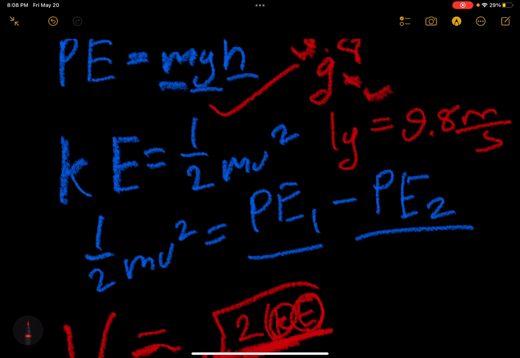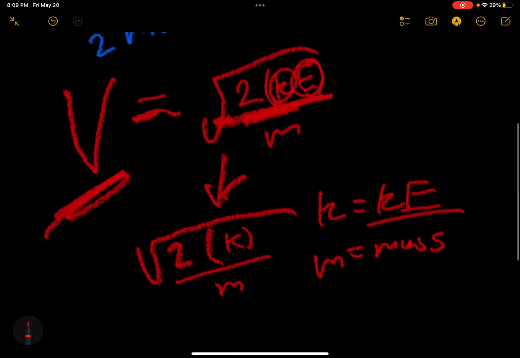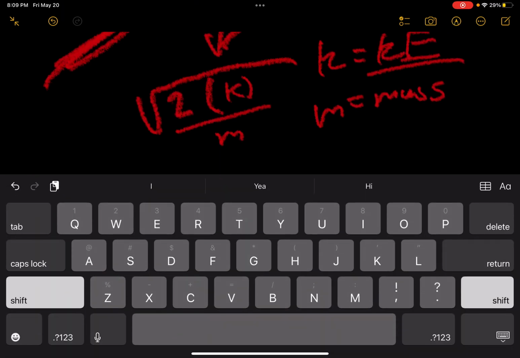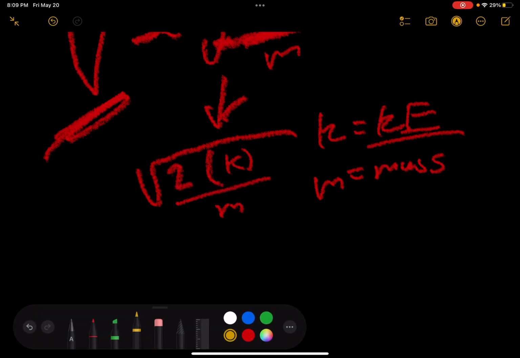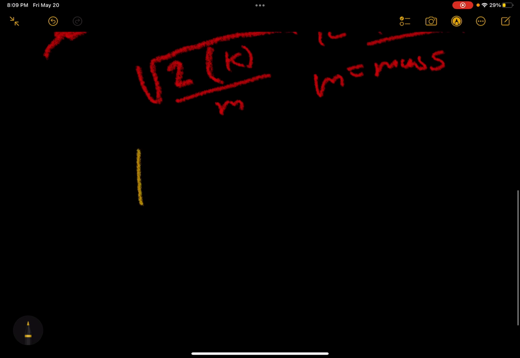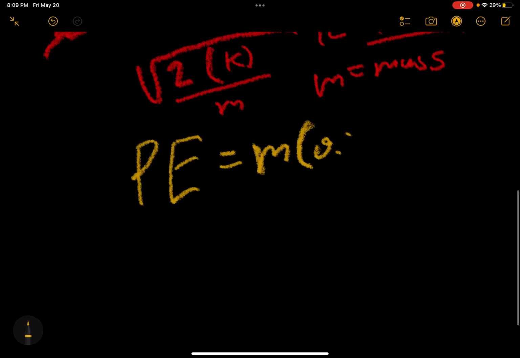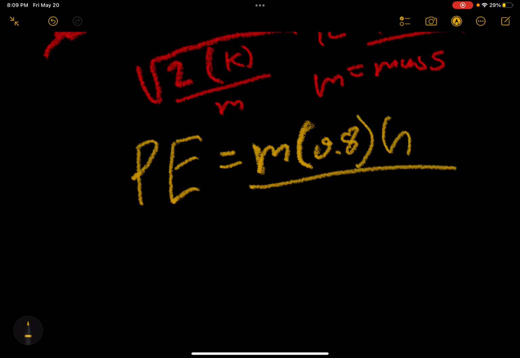So that means G equals 9.8. So that means PE basically technically equals M times 9.8 times H, right? That's basically our equation. I'll explain mass and height later in the video.